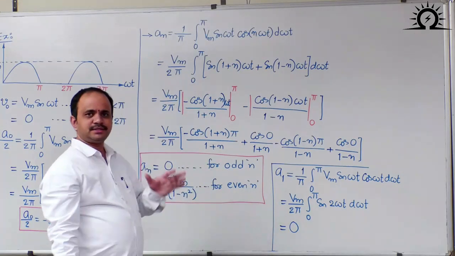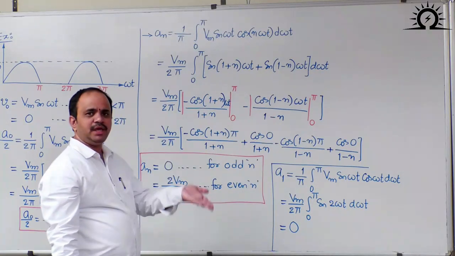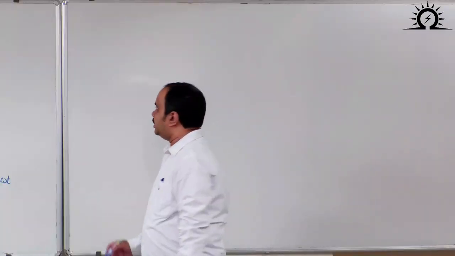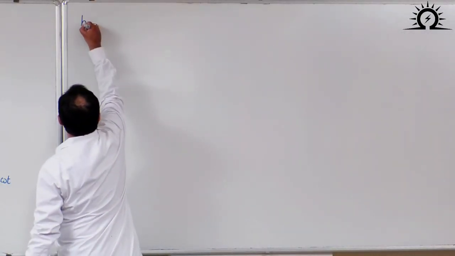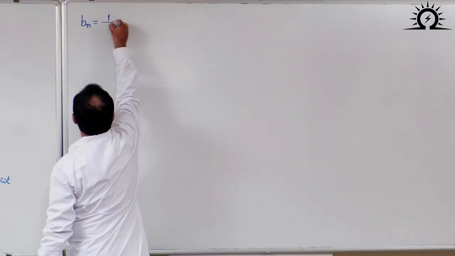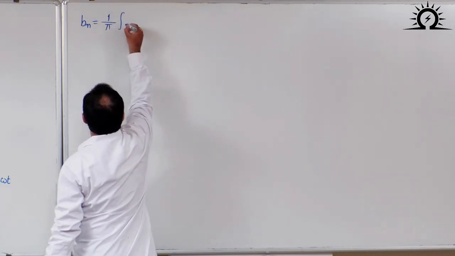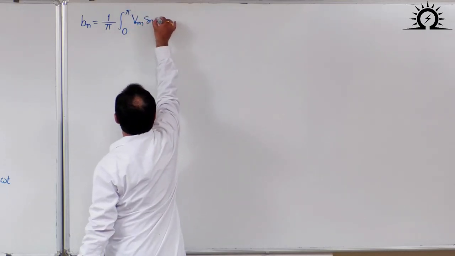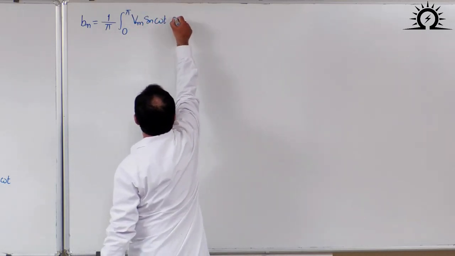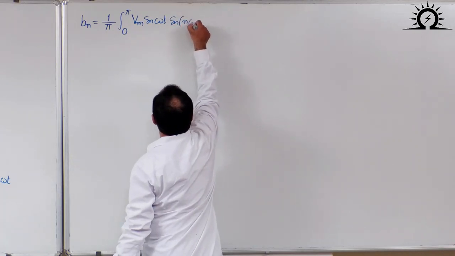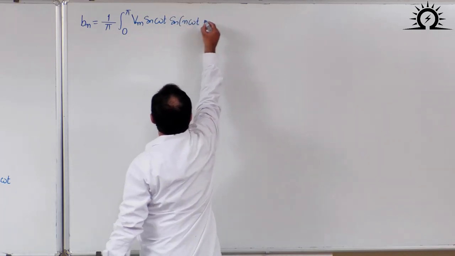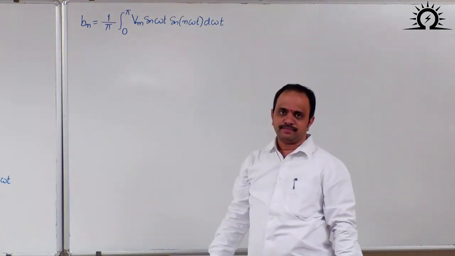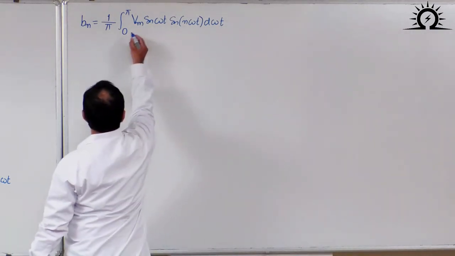In similar lines, let us find the bn coefficients also. bn can be expressed as 1 by pi integration from 0 to pi of Vm sin omega t multiplied with sin of n omega t d omega t. So how to simplify this one?